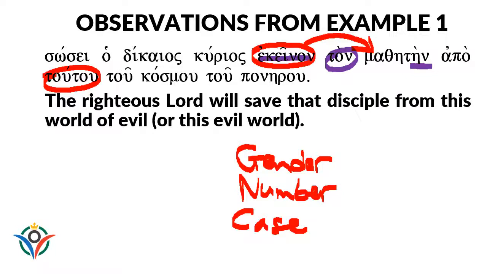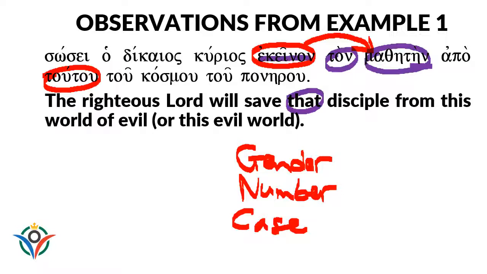So this is a masculine first declension noun. So there is agreement there because ekenon is masculine and ton is masculine, therefore the actual noun mathetain is also masculine. So there's agreement there. So we translate this as not the disciple, but that disciple.